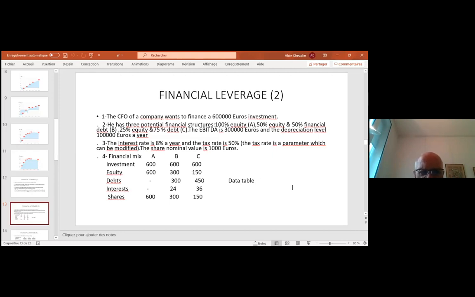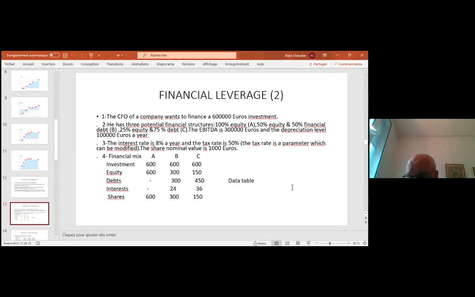The interest rate here, which is a long-term interest rate, since it's an investment, a 10-year interest rate, is about 8%. We understand that we are not in the present situation of developed countries. It's more an emerging country rate, 8% a year, and the tax rate is very high, here 50%.